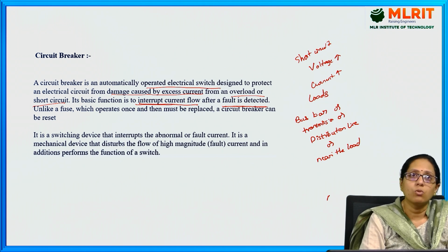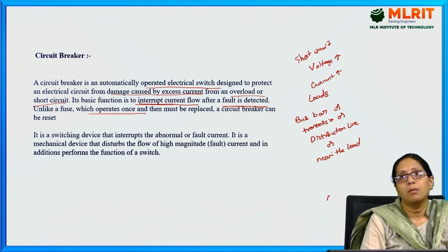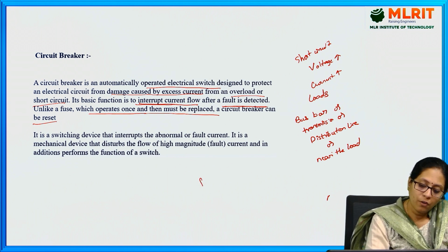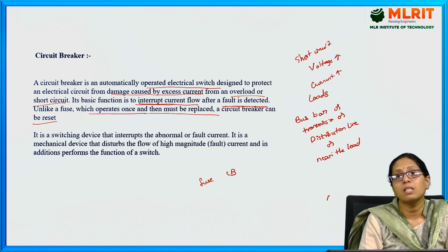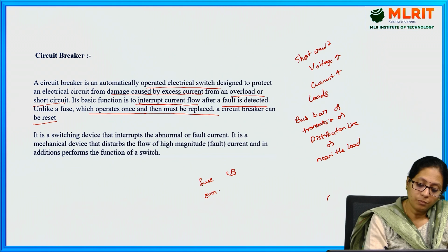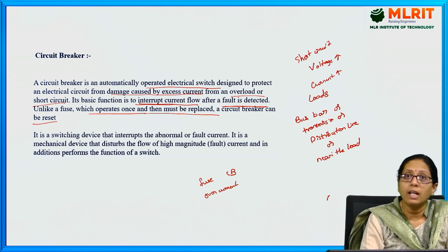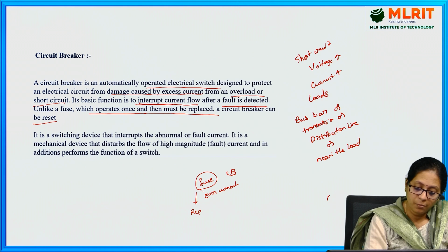So, unlike a fuse which operates once and then must be replaced, a circuit breaker can be reset. The ultimate function of fuse as well as circuit breaker is the same. But when the overcurrent or over voltage or any kind of fault occurs, the fuse will break and this fuse needs to be replaced.